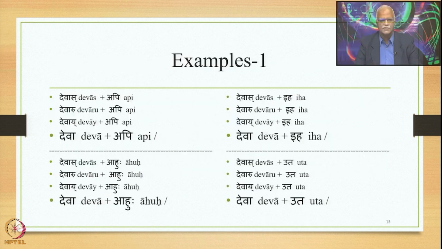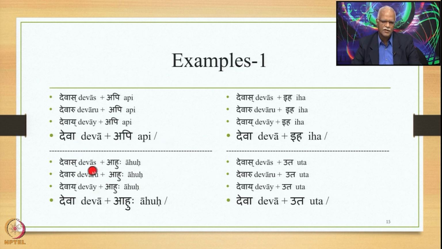So first of all, let us look at as plus a, and here are the cases. Devas plus api. In this case, sa becomes ru, ru then becomes ya, and then this ya gets optionally deleted, and we have deva plus api as optionally derived form.